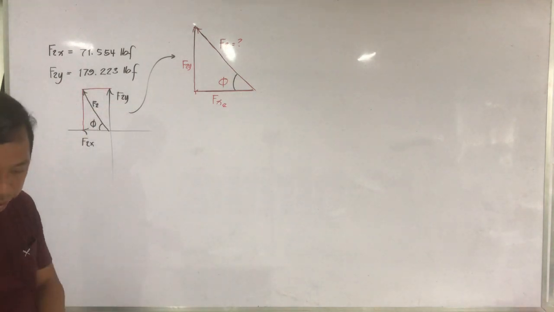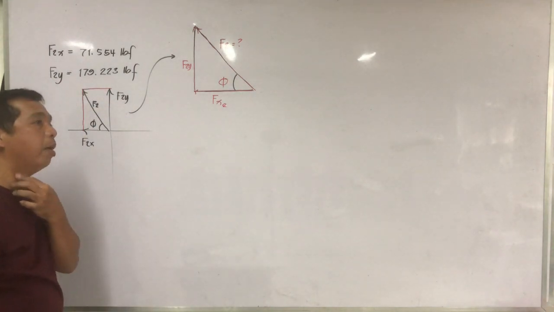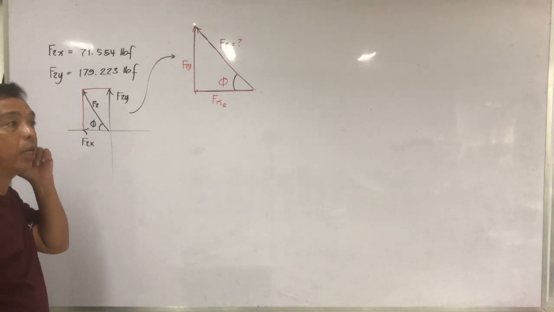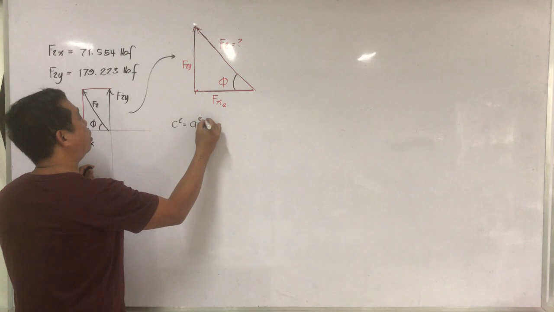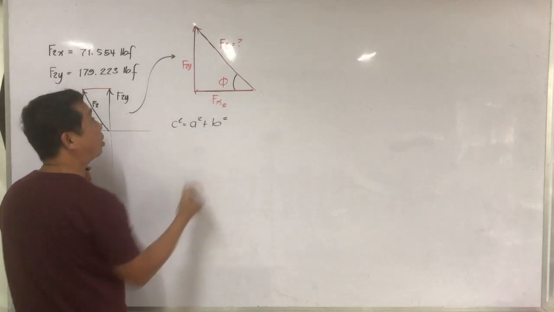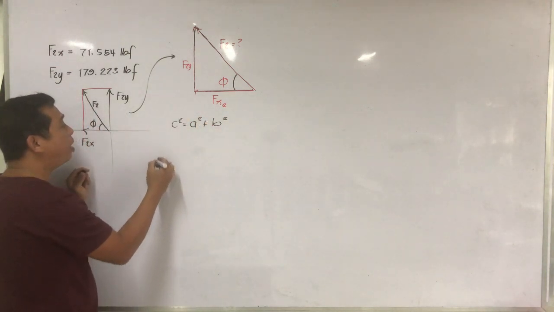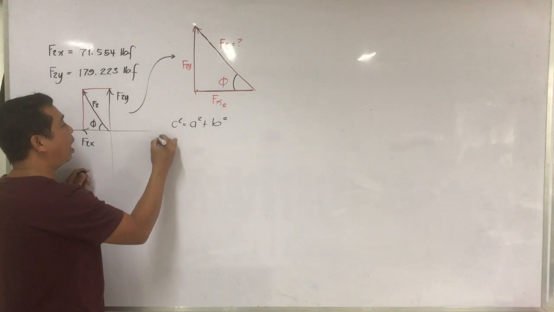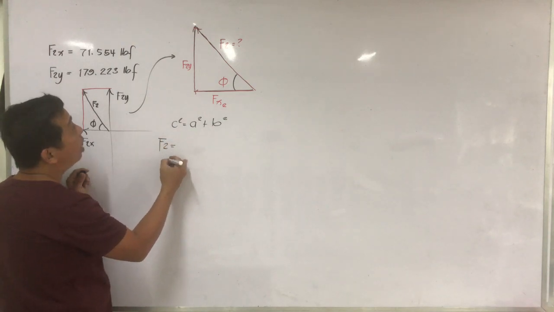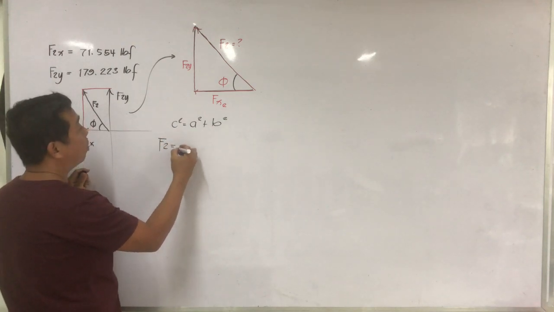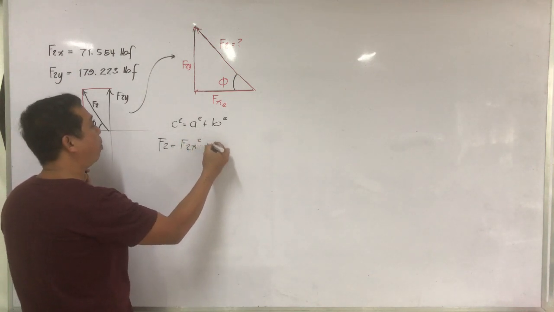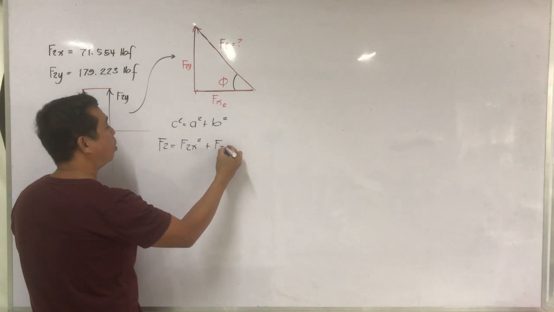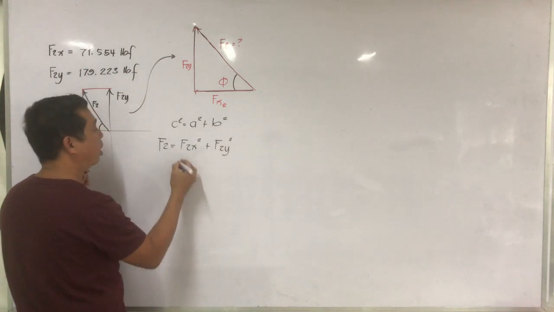Para malaman yan, since right triangle yung nabuo, pwede tayong gumamit ng formula ng Pythagorean na c squared equals a squared plus b squared. Pagkatapos nun, makukuha natin na ang F2 ay F2x squared plus F2y squared.